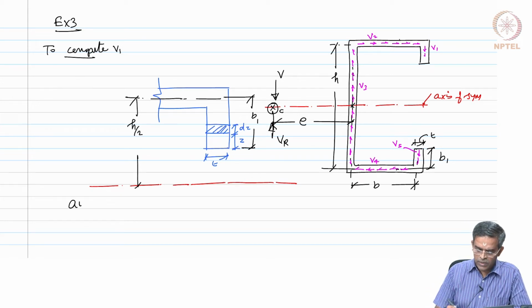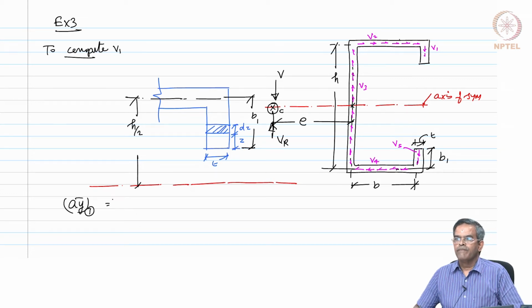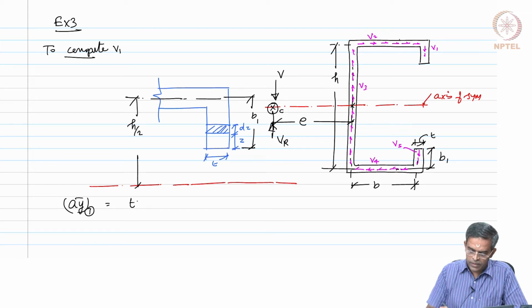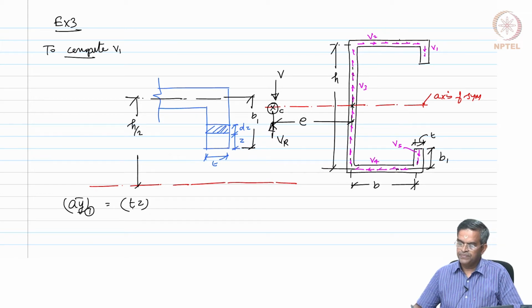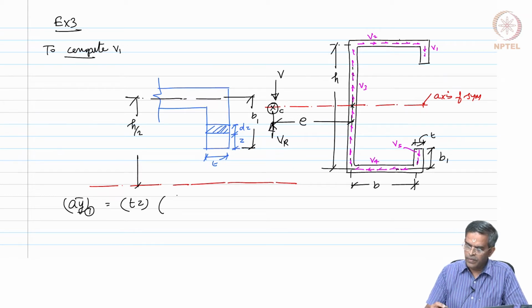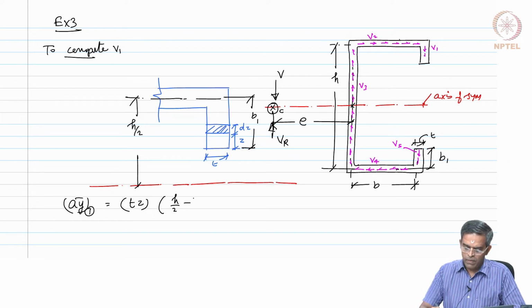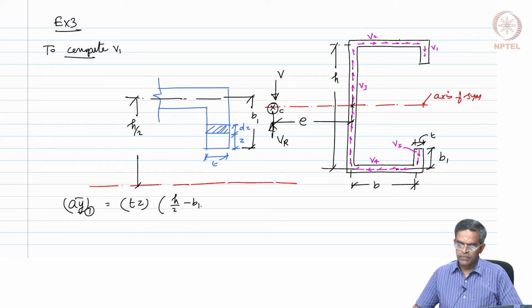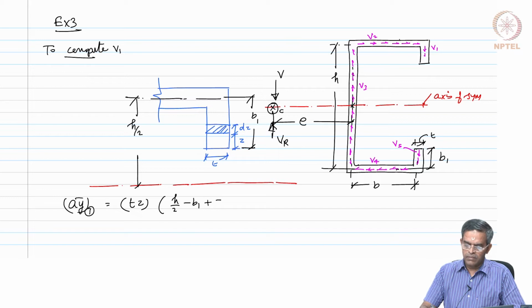Let us say what is my A y bar for the member 1, which is going to be T z into y bar, which will be h by 2 minus B1 plus z by 2.